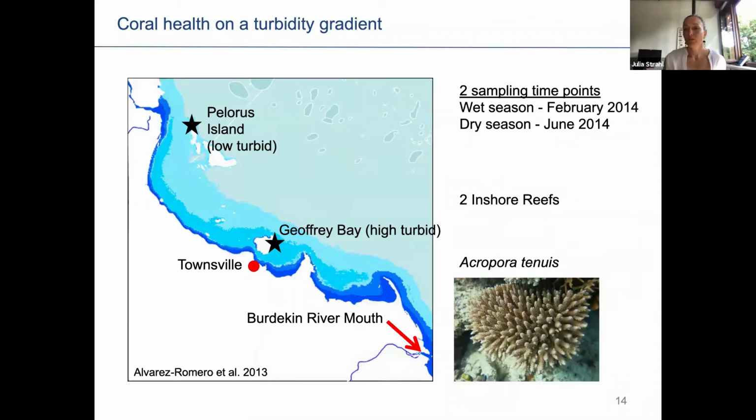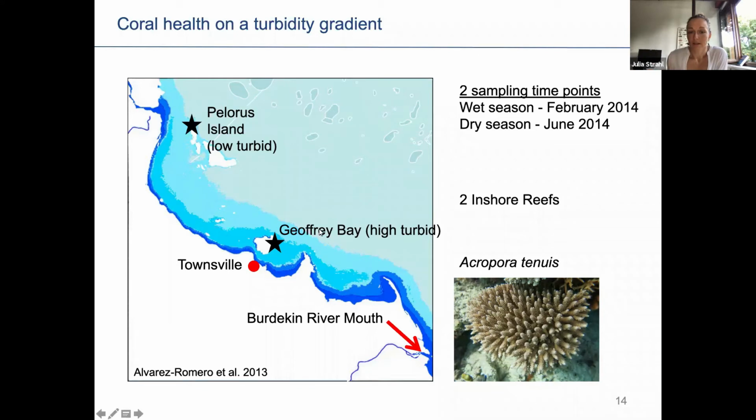So in order to better understand why coral cover declines and what are actually the physiological consequences of the exposure of corals to higher turbidity, higher nutrient content, and diminished light availability, I investigated Acropora tenuis as a model species, which you can find in inshore reefs, but also in offshore reefs.